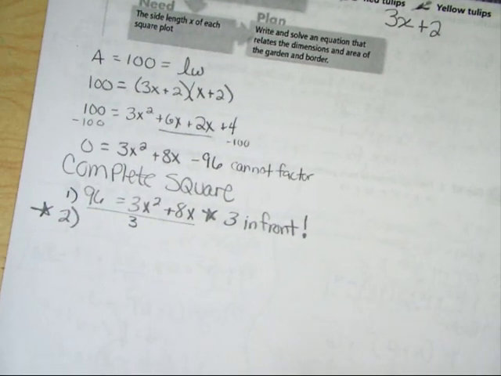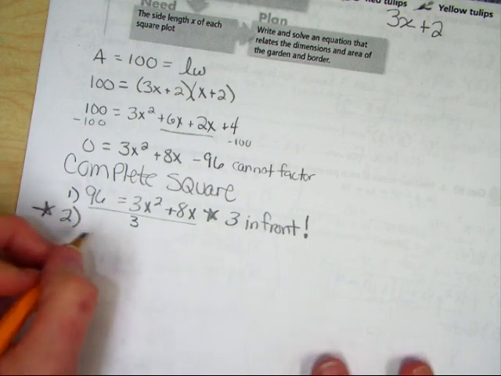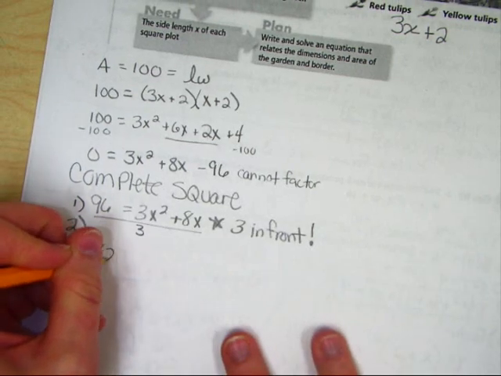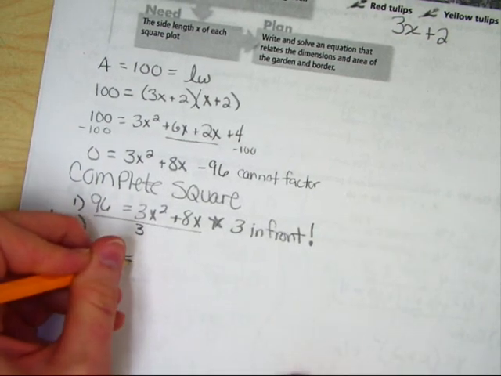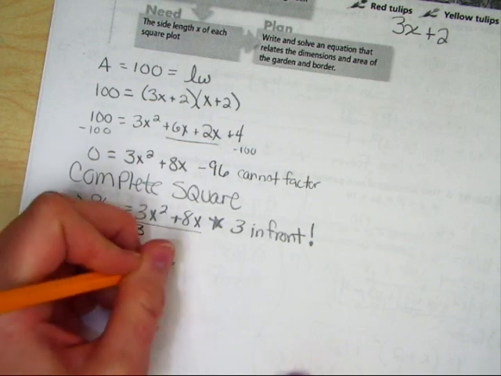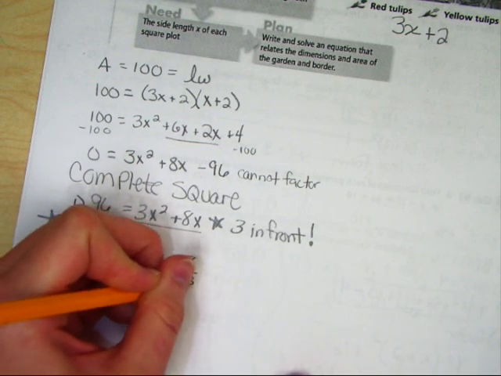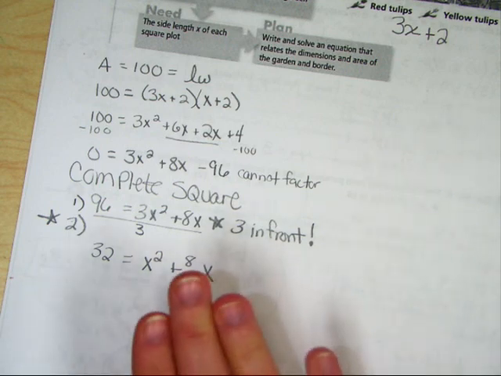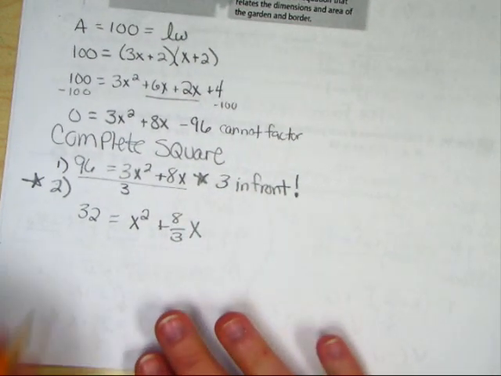So I have to divide everything by 3. So that makes it, ready? 96 divided by 3 is 32 equals x squared plus 8 over 3x. Okay, now we can continue to move on.